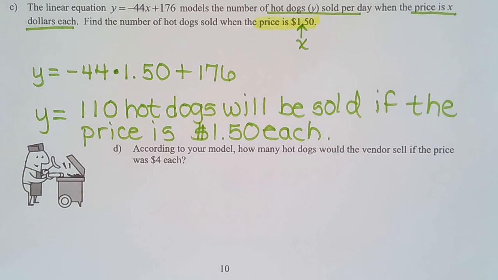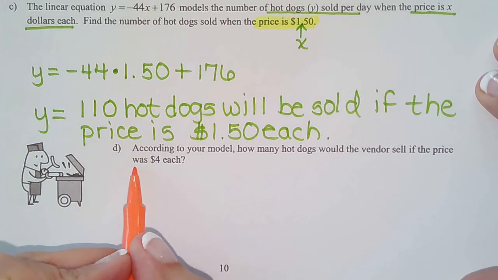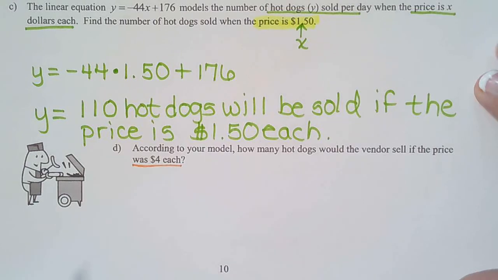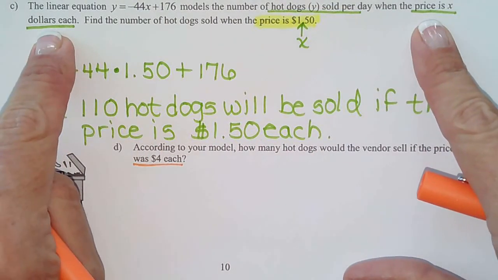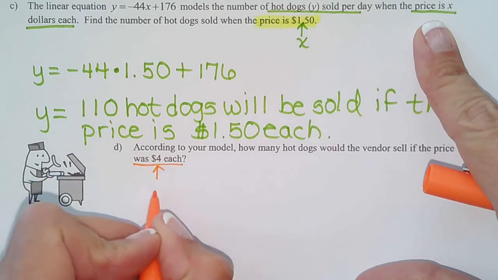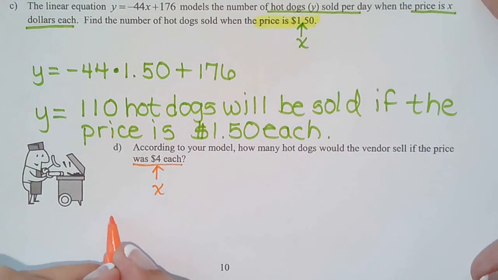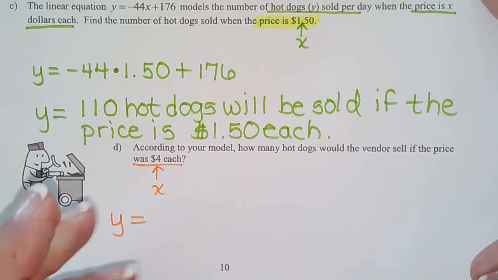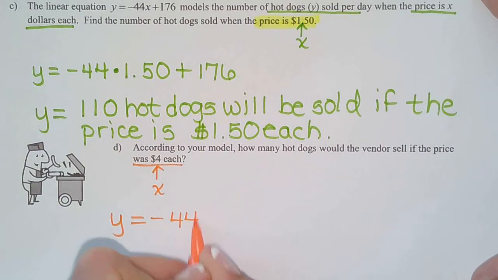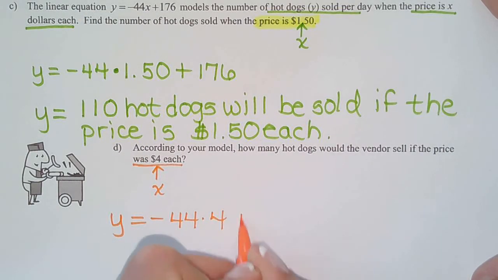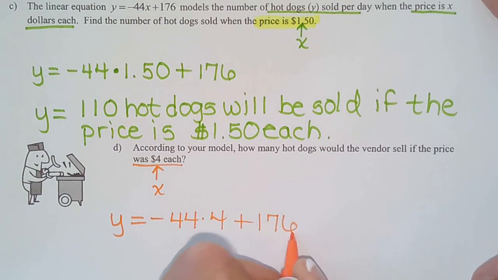Okay, according to your model, how many hot dogs would the vendor sell if the price was $4 each? Okay, so price again, remember, is X. So we're going to put this in for X. So Y equals negative 44 times 4 plus 176.